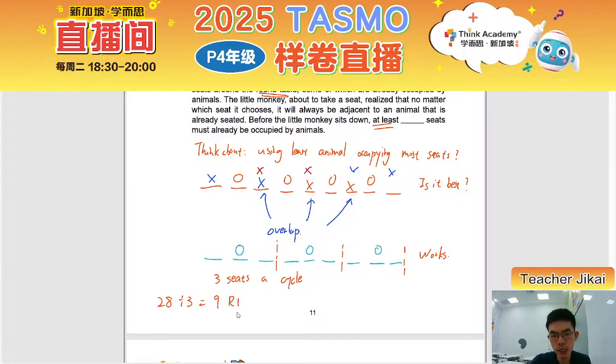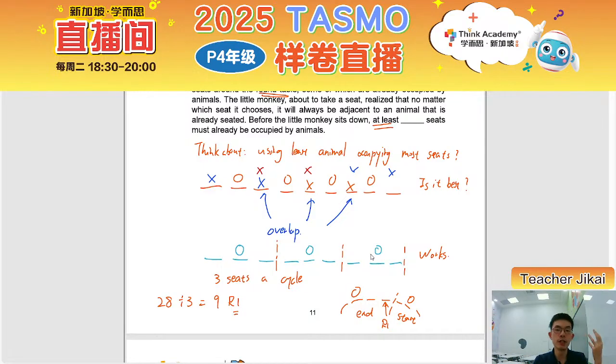So how about the remaining one? We need to think from the end. At the end here, we have one animal and another seat. And as it is a round table, the end will be linked to the start, so also an animal here. So for this one, it is a remaining one.